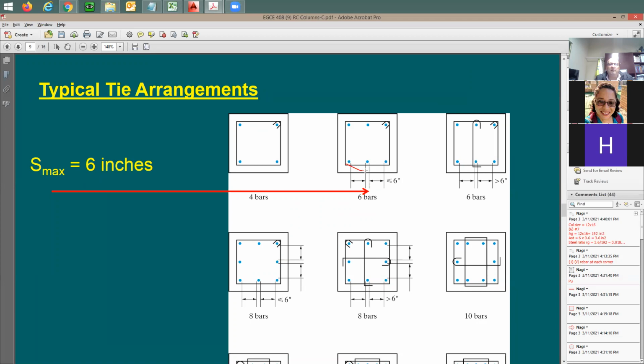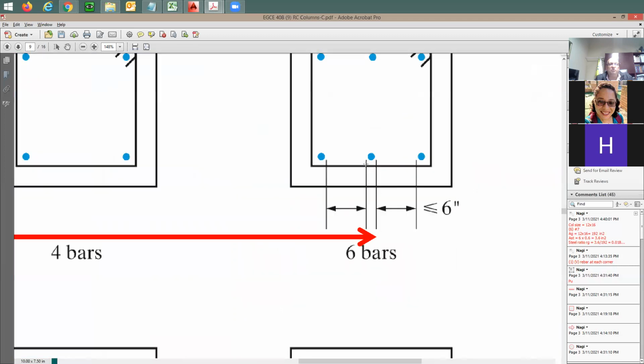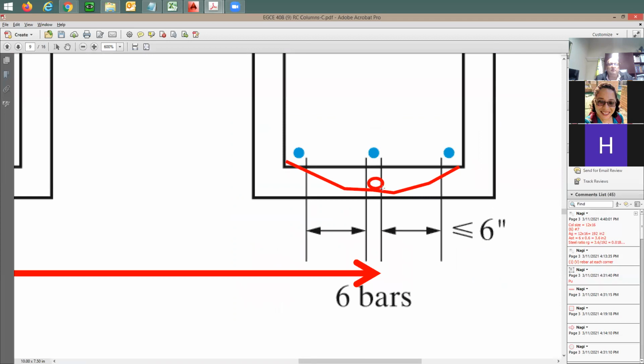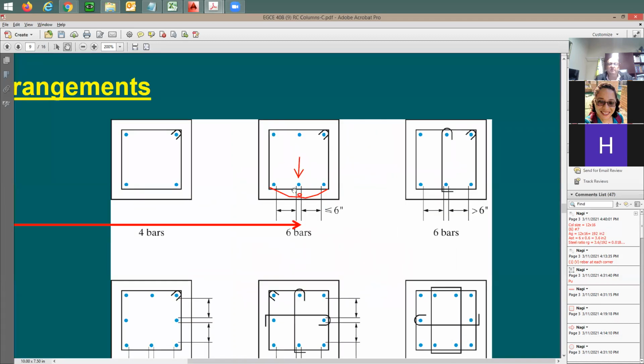When you apply this vertical load, the tie is going to be doing this, and your vertical bar is going to start to move out. Right? See what happened? They're going to be pushing this rebar and the tie in this case is not going to be able to brace the bar in place. It cannot keep the bar in place. So in a case like this, once you go here beyond 6 inches, you need to provide this.